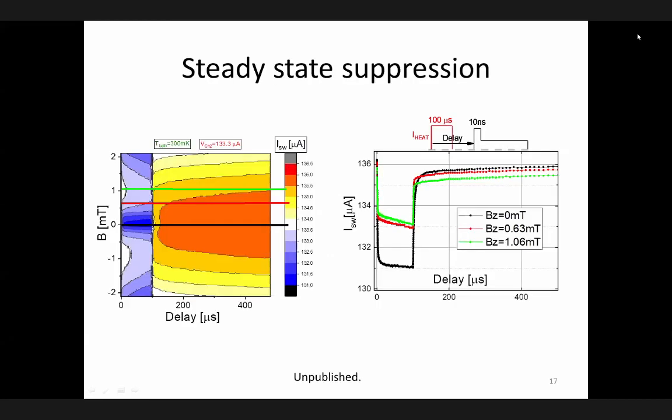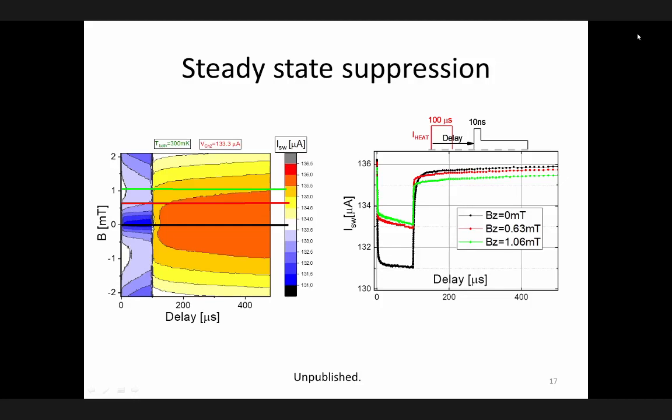We can do the same experiment at steady state. Previously it was 100 nanoseconds, now it's 100 microseconds. So we really heat long on this heater so that we arrive at the steady state. What we see is this section of this map. With zero field, we see that the switching current is suppressed. It is expected because you create quasi-particles with the heater. After some time, you create a steady state population of them, and the bridge is sensitive to the quasi-particle population, and senses them.